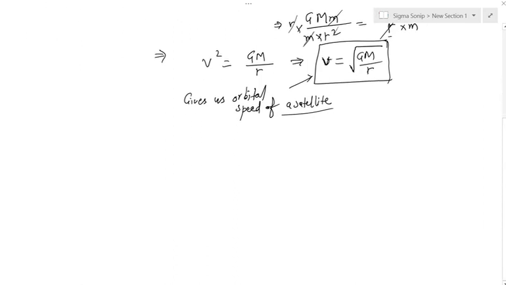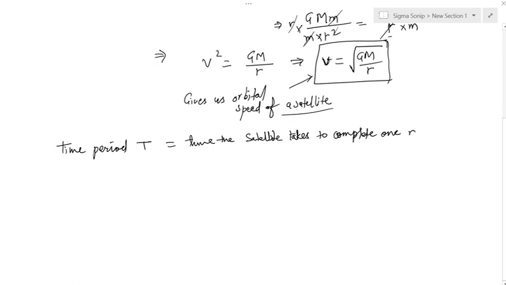Now what we're trying to find here is the relation between the time period t and r. What is time period t? It is the time the satellite takes to complete one rotation around the planet.